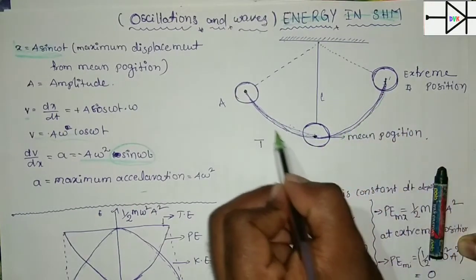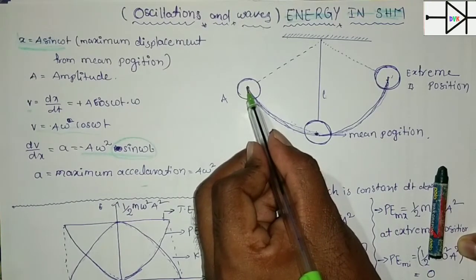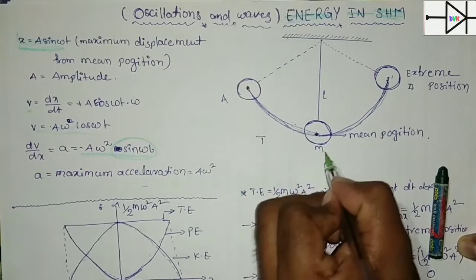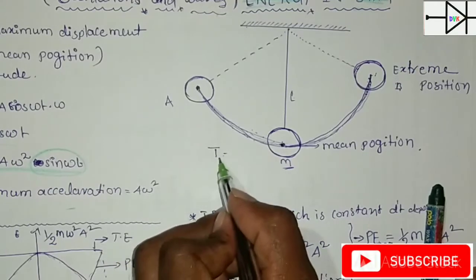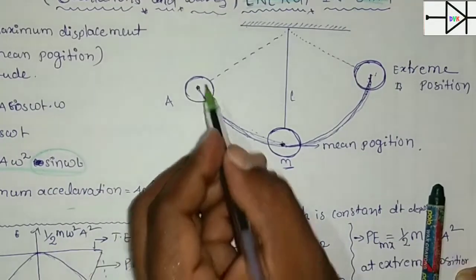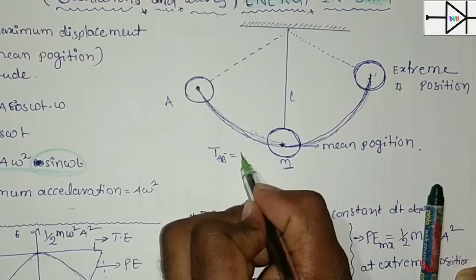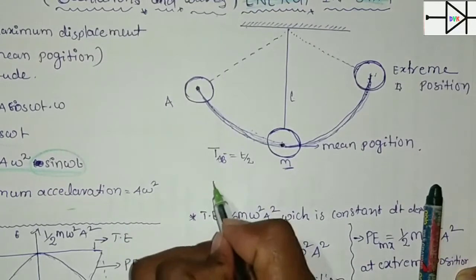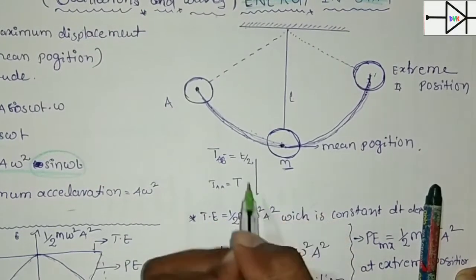Again it comes to this position, again A. The time period is equal to T. The mean position point is M. Right? The time period of A to B is equal to T by 2. The time period of A to A is equal to T, right?